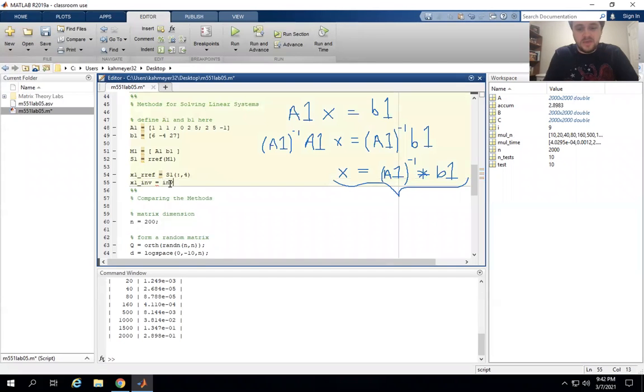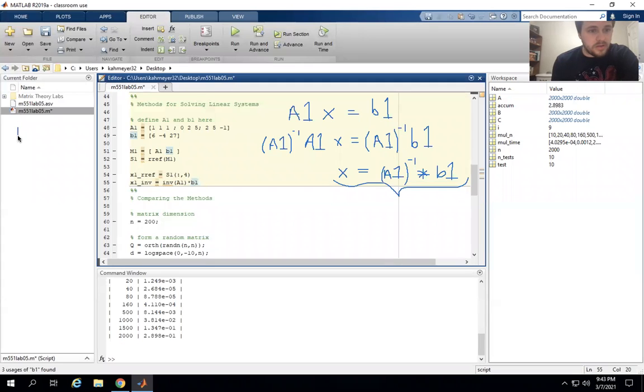So I'm going to use the inverse function in MATLAB, or the inverse command. Inverse A1 times B1. Okay. And what this will get me is the solution using the inverse.